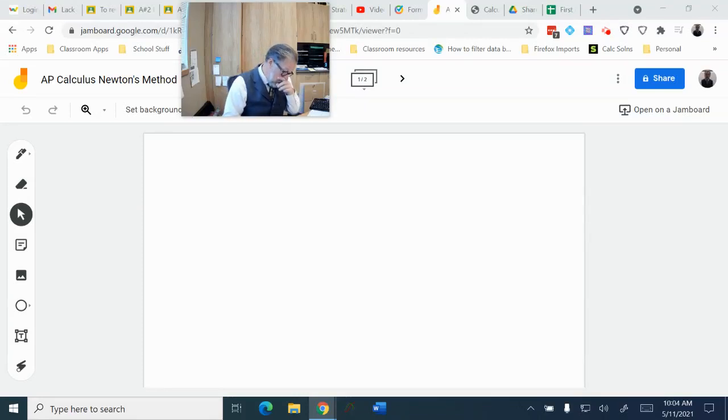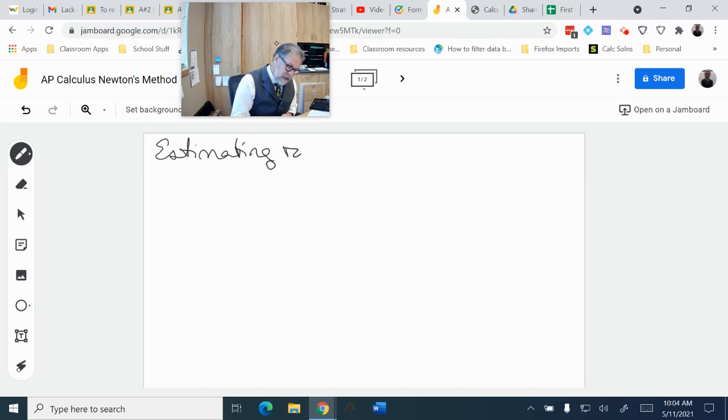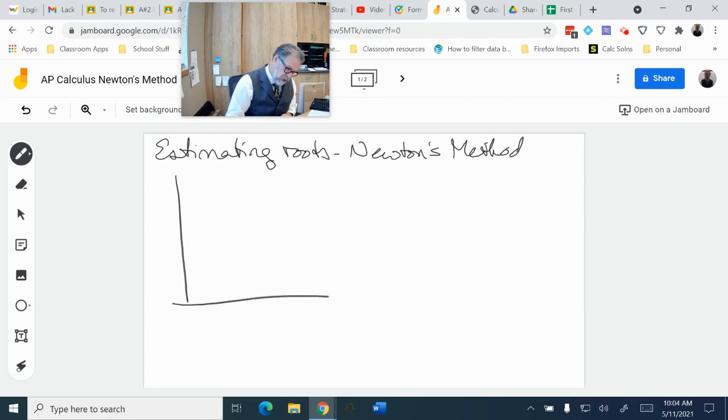All right. Today what I want to talk to you about is a method of estimating roots of a function, and this is using something called Newton's method. Newton's method basically says if I've got a function and I know there's a root and I want to find it, what I can do is pick some guesstimate.